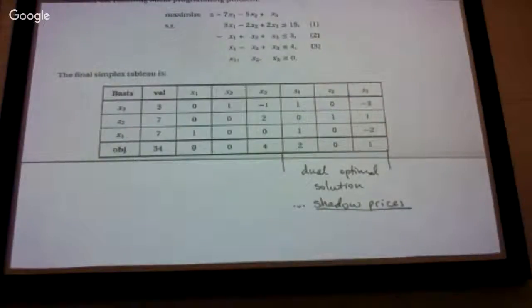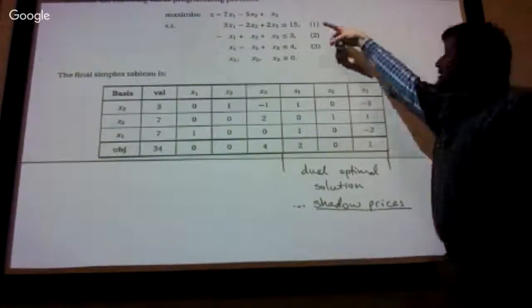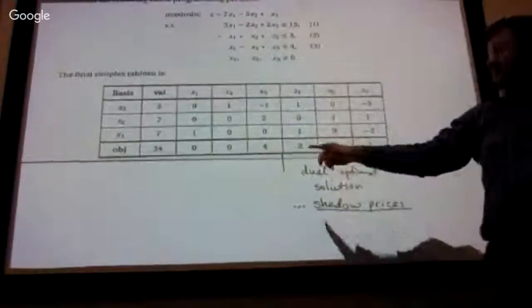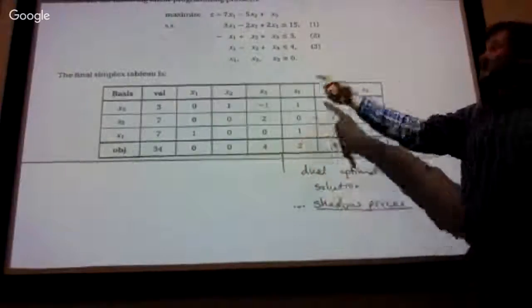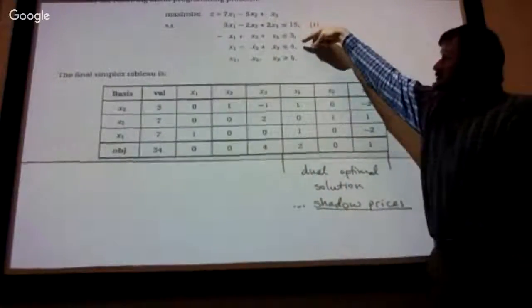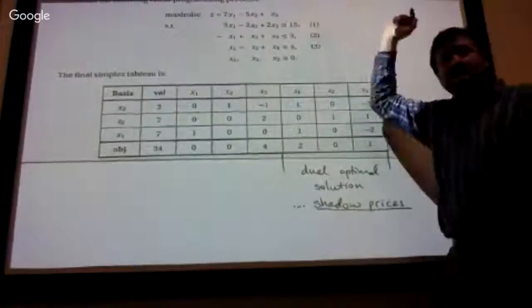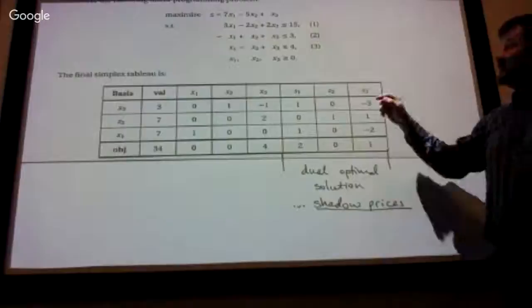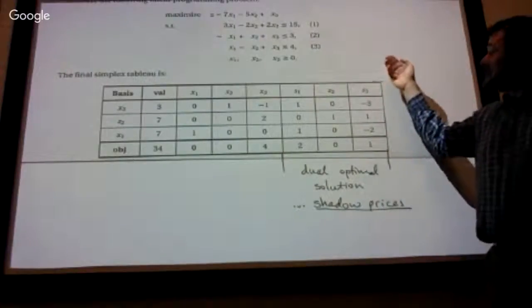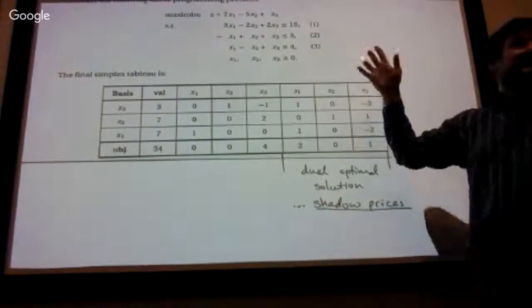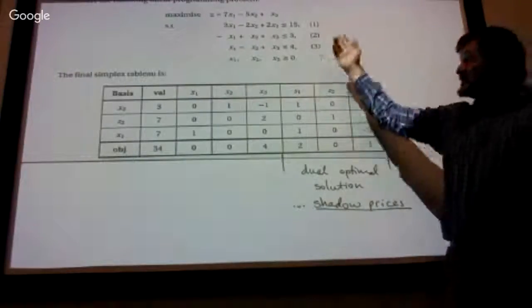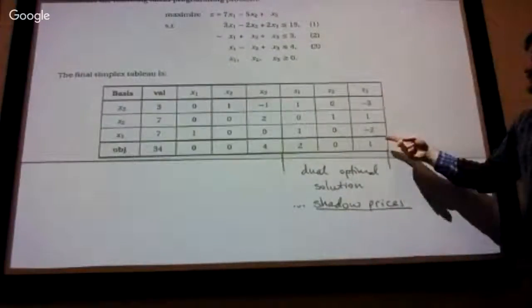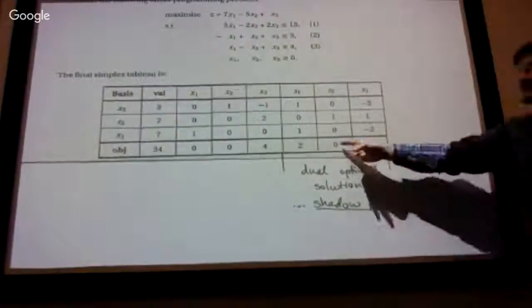So what does that tell us? It tells us that if I change this 15 by 1 unit, the optimal objective is going to change by 2. So if these 3 constraints are resources, for example, wood and hours in a lake or something, in the test set problem, then every extra unit of the resource gives me 2 more profit. And the third one, why is there a 0 here?